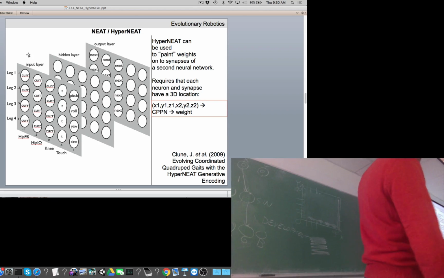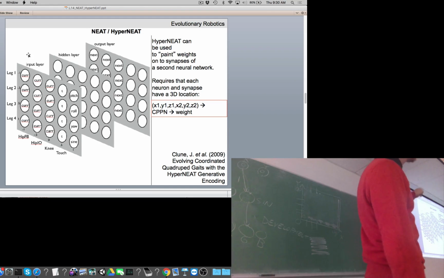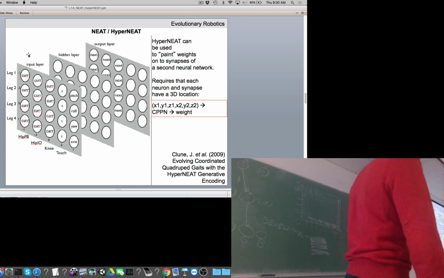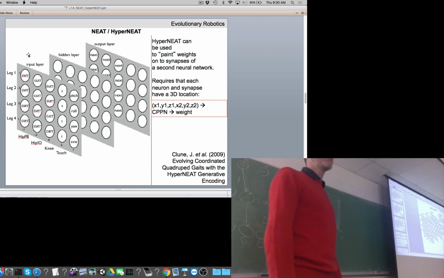If we connected every sensor neuron to every hidden neuron, to every other hidden neuron, including itself, and every hidden neuron to every motor neuron, how many synapses do we have? I don't know about you, I can't do it in my head, but it's a lot. Much more than 32, right? Probably we're talking about several hundred synapses. That's a lot of synaptic weights for evolution to evolve.